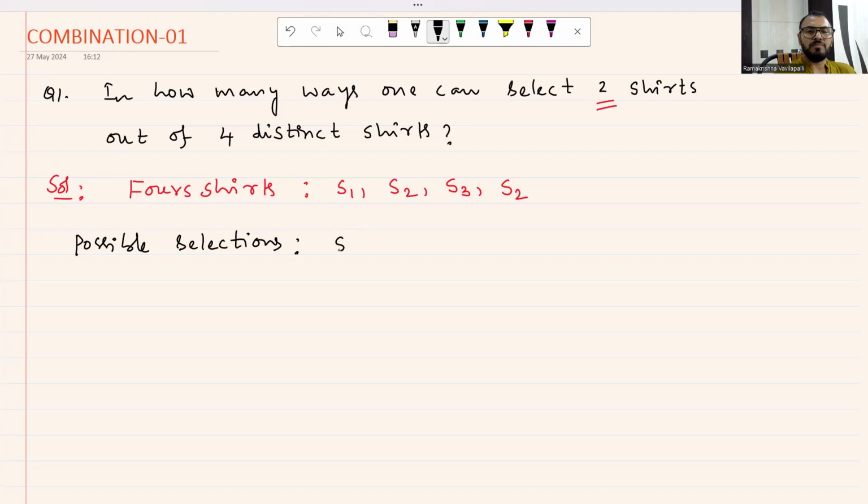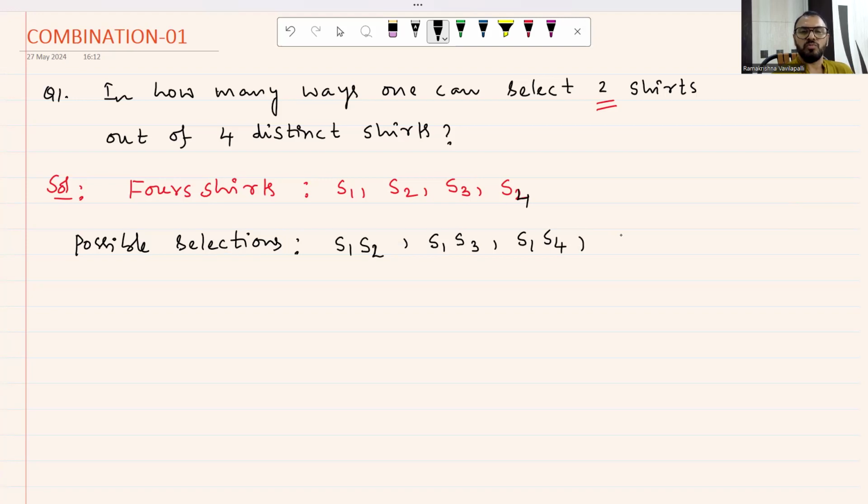Begin with S1. Now S1, S2. S1 and S2. Or S1, S3. Or S1, S4. Okay, so combination with S1 is over. Now remove S1.